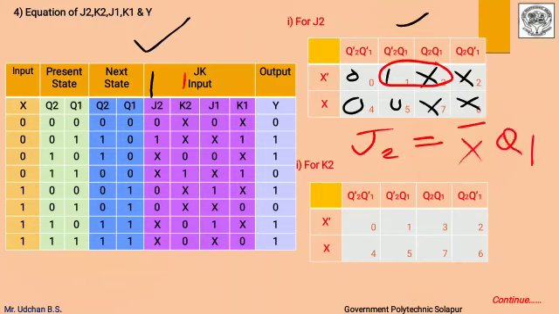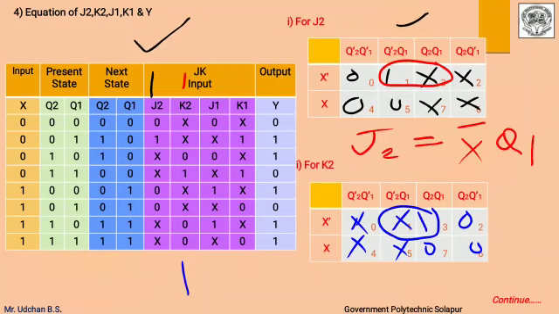Similarly for k2, enter the values in the K-map: don't care, don't care, 0 1. After that don't care, 0 0. Here also I can form this pair. So the equation of k2 will be x bar q1.